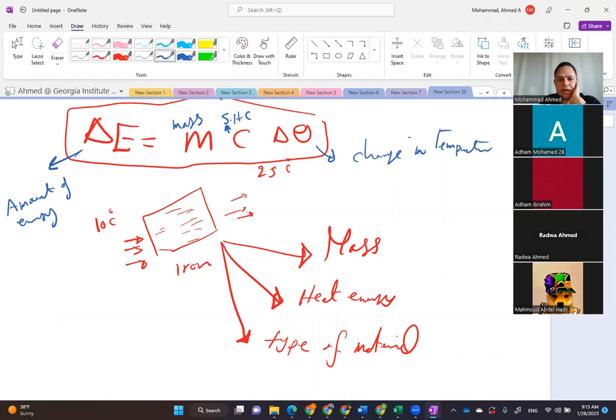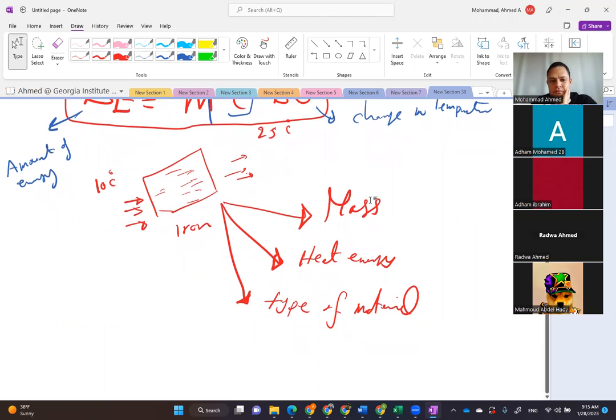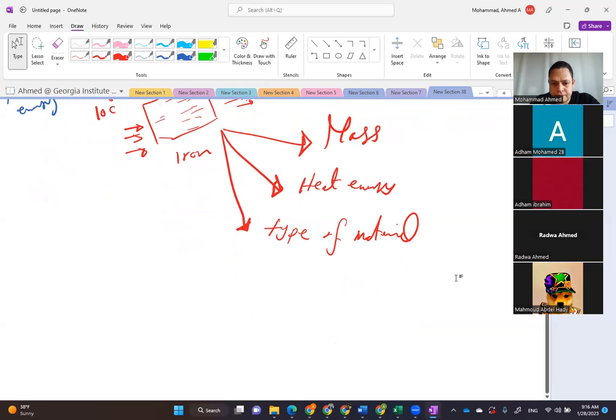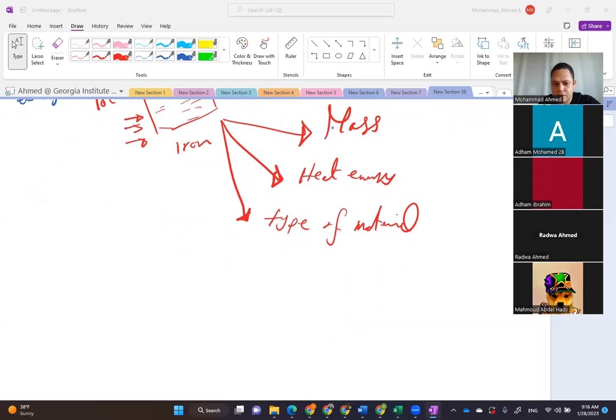Guys, who can rearrange this equation to give me the specific heat capacity on one side and all the other terms on the other side? Can you type in chat, please? This is the equation of specific heat capacity, right?